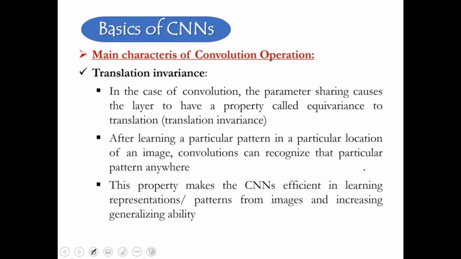So that is the translation invariance: if the input image is translated or somehow deviated a little bit from the previous one, the convolution operation will take care of that. Okay, that means if at a particular location it learned some pattern, it will be able to recognize that particular pattern at any other location on that image, right? So that makes the CNN efficient in learning the images.